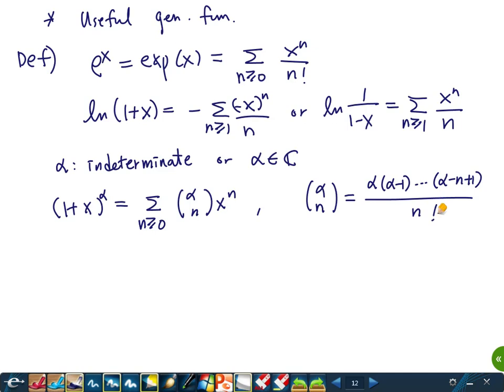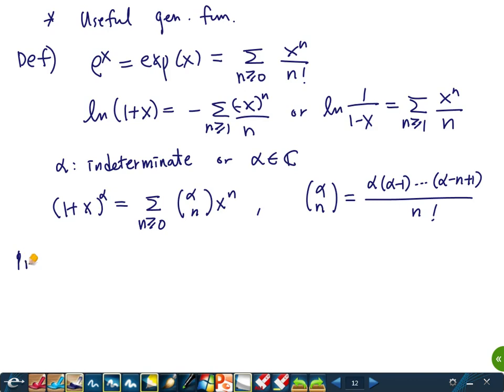And this is comparable with the definition of the original binomial coefficient. When n is a positive integer, this is equal to just the usual binomial coefficient. And you see here, alpha can be anything because this is a polynomial in alpha. You can compute this for any alpha, not just for integers. So the power function can be defined in this way.